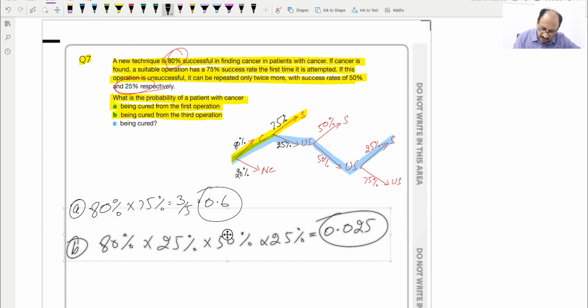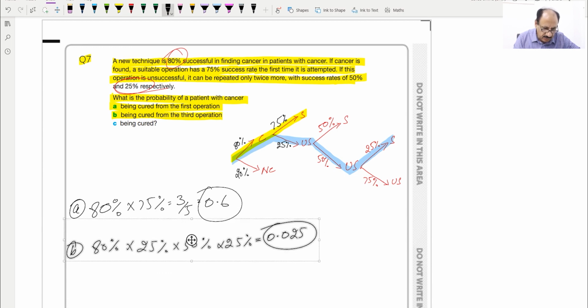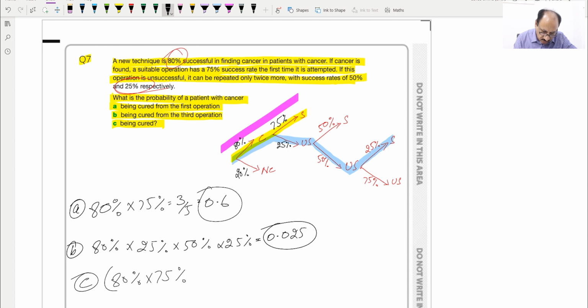And next we can do the C part, and C part says being cured. So cured is which route? Cured is 80%. There are different cured routes. For example, this is also a cured route, so we will take this. So it will be 80% into 75%. This one is a cured route.